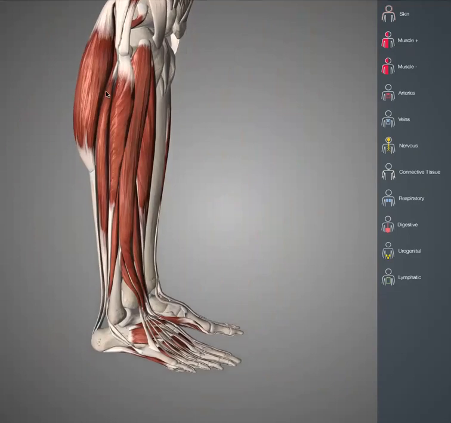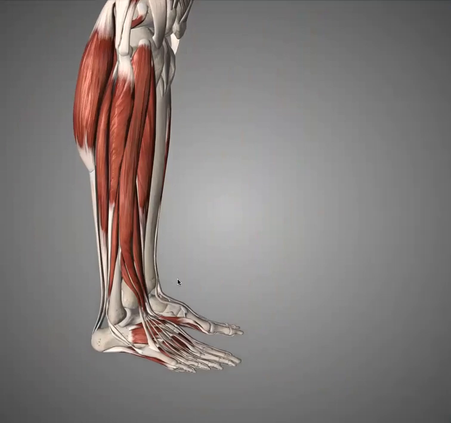So in this case, what we are trying to say is that if these muscles contract, they shorten, hence they pull on the feet, and they would cause it to dorsiflex in this position.